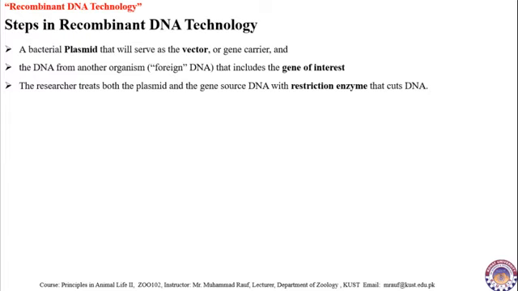Now both those processes need some enzymes, some molecular scissors, and these molecular scissors are called restriction enzymes that cut DNA at specific locations. These are called restriction enzymes because each of these enzymes has its own special sequence where it initiates a cut, a double-stranded cutter.